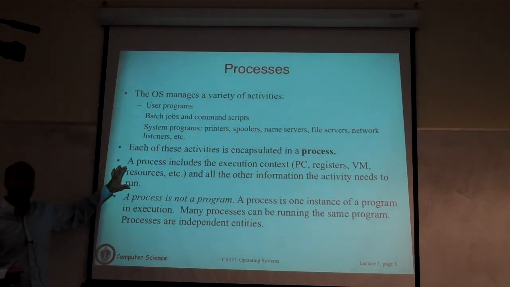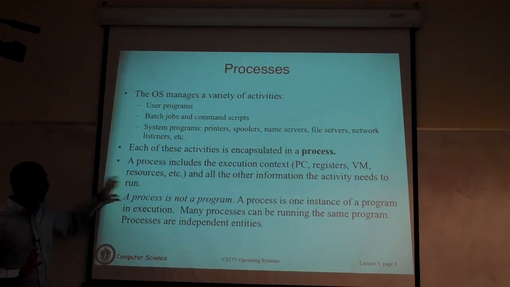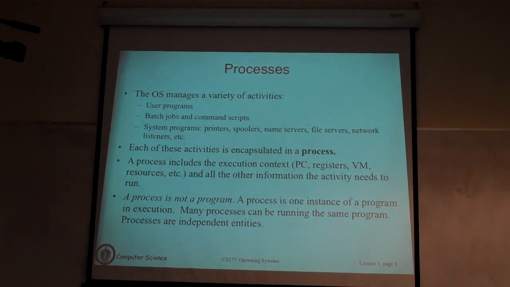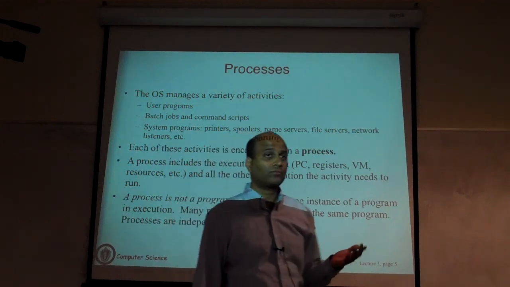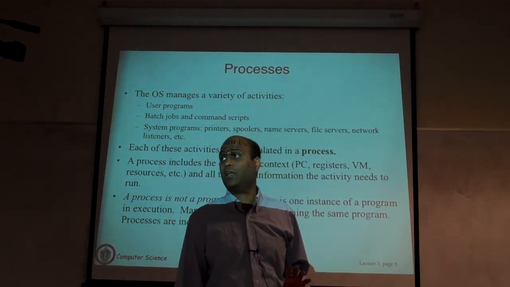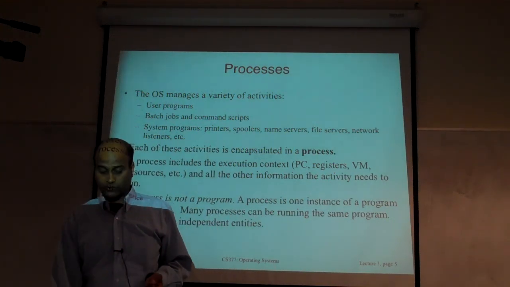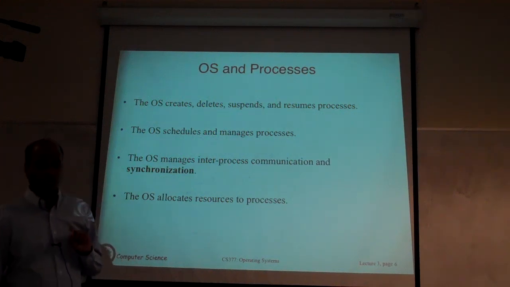And we'll see how an OS implements this concept of a process. But for now, all you need to understand is that the process is not the same as a program. A process is essentially a program in execution. You can have more than one process for the same program. You can have multiple executing contexts of the same underlying program if you want to. Each process is an independent entity, as you can imagine.